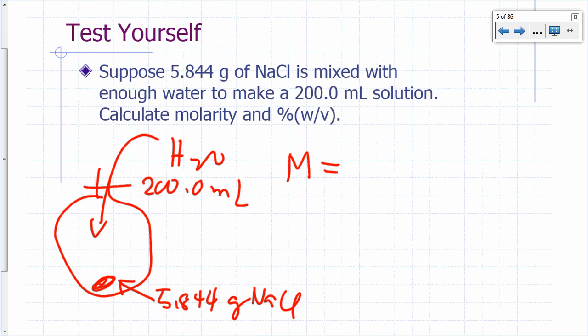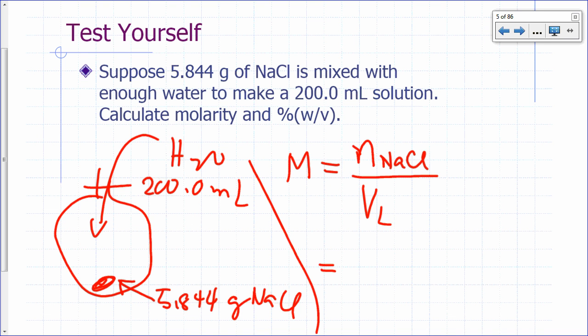Molarity equals moles of solute, so moles of NaCl, and I'm going to use the letter n to represent moles, over volume of the solution in liters. So how do you figure out moles of sodium chloride? You have to change grams to moles.